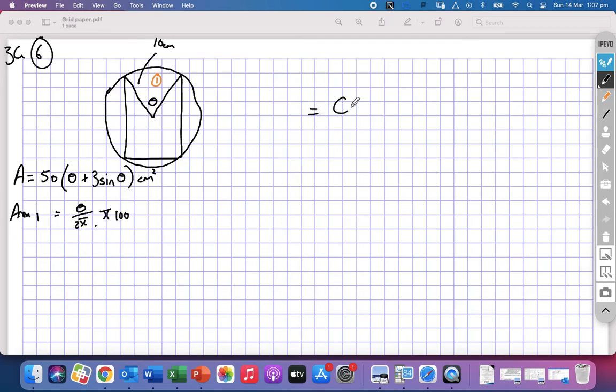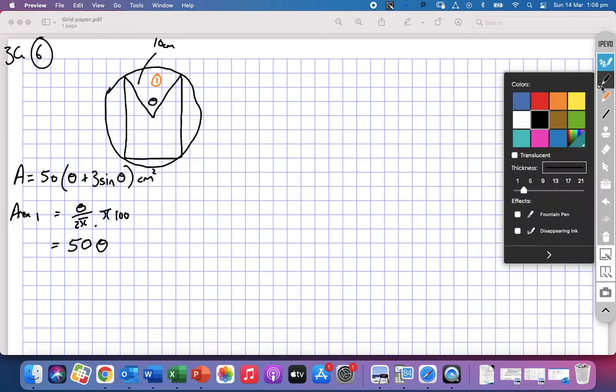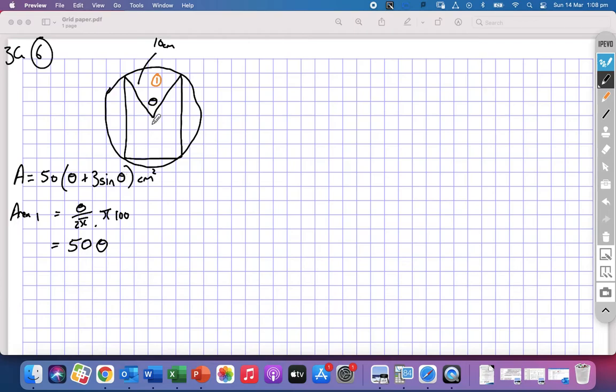So put it all in one fraction: theta times pi times 100 on 2 pi. Yeah, they cancel. That makes 50. So you can write that step, or you can just go straight to saying that first little area is 50 times theta in radians.